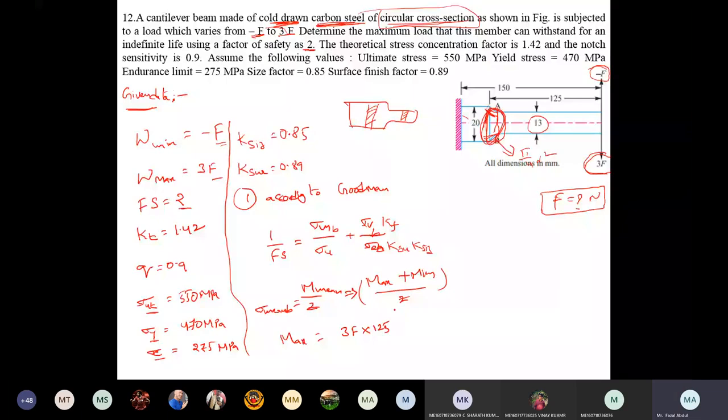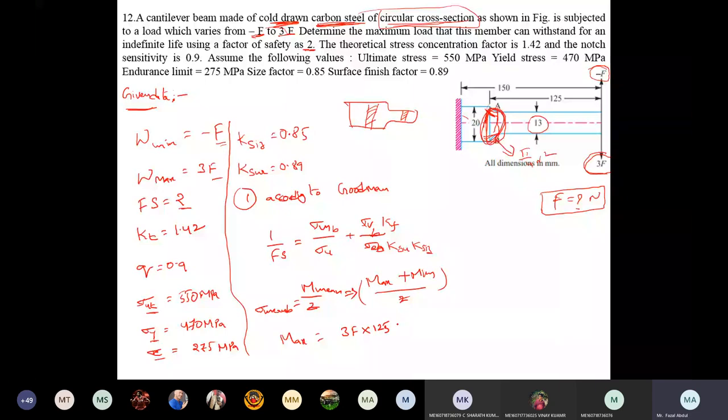Why am I taking 125? Because the failure will take place at this critical section only, since it is the weaker section than the larger diameter. So I am taking the length from the free end to this section. 3F into 125 is the maximum bending moment.